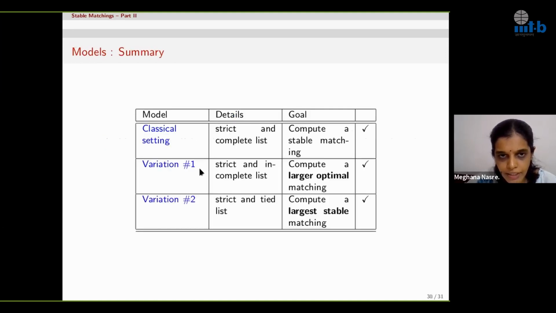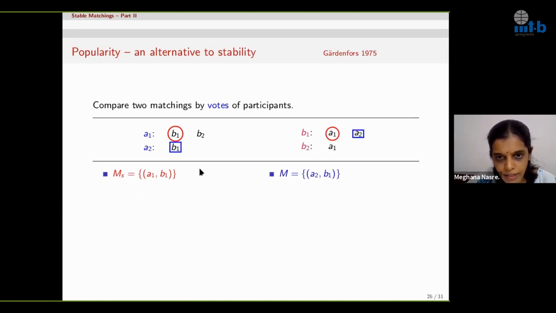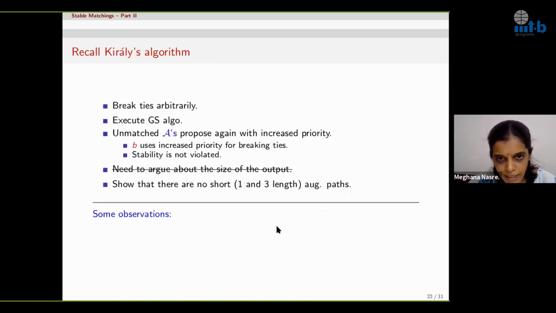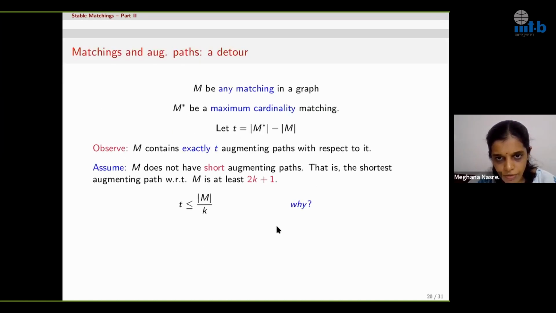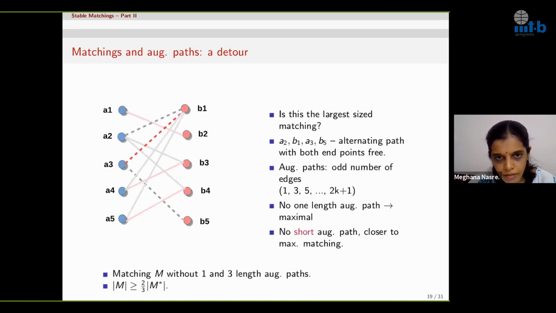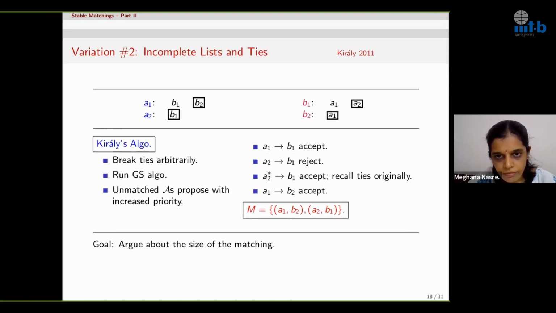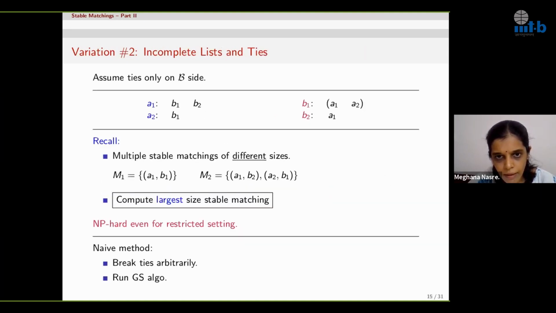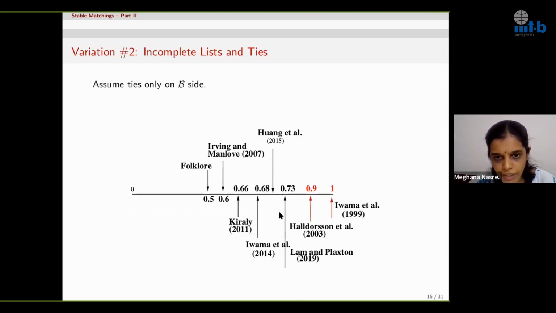As I mentioned in yesterday's class also, when somebody had asked me, this is not the correct picture. There is a slightly modified picture. So you see this here, right?